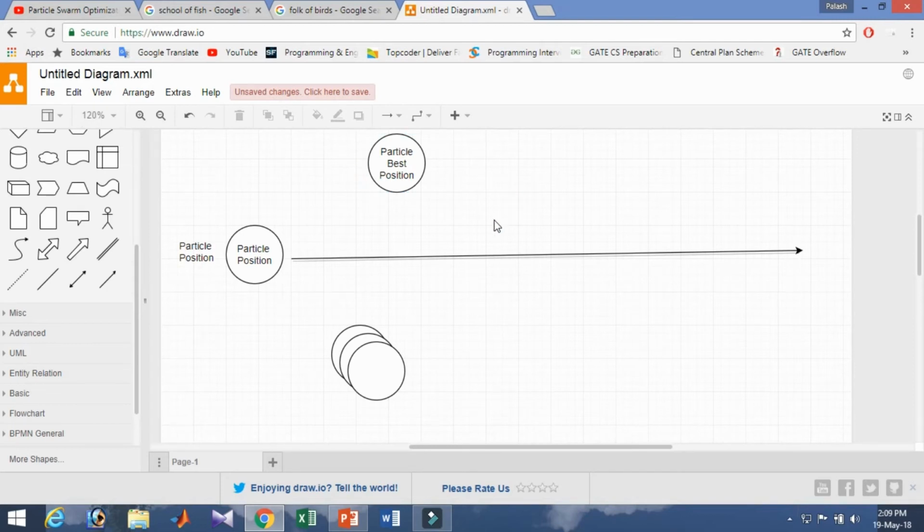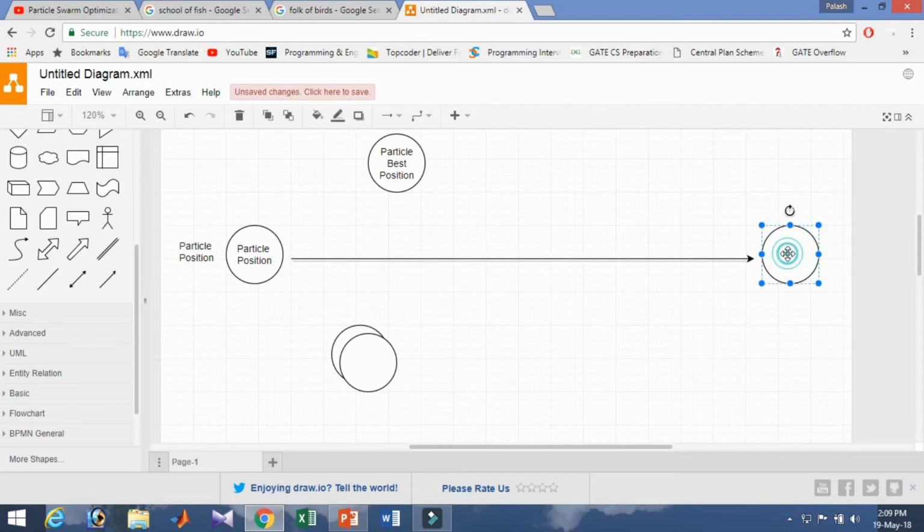In the next iterations, suppose it will be the particle best position, and in this space, if the particle is going in that direction, obviously this one will be the particle global best position. The particle is moving from that direction to there.